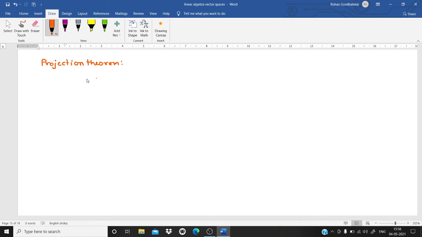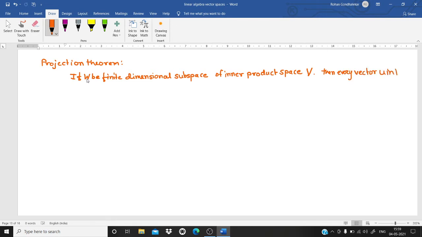If W is a finite dimensional subspace of an inner product space V, then every vector U in V can be expressed uniquely. Uniquely means this is the only possible way.